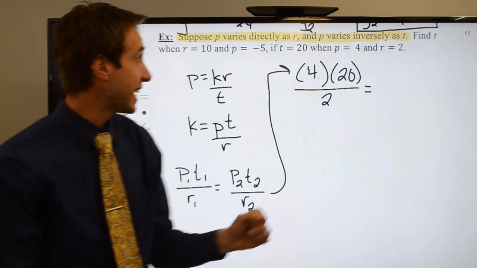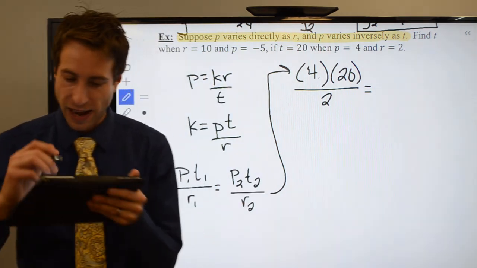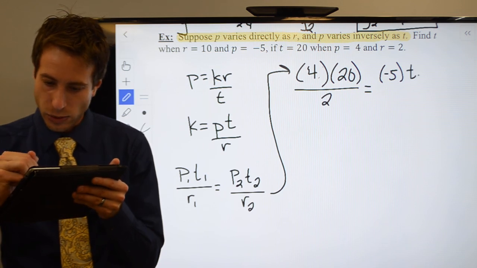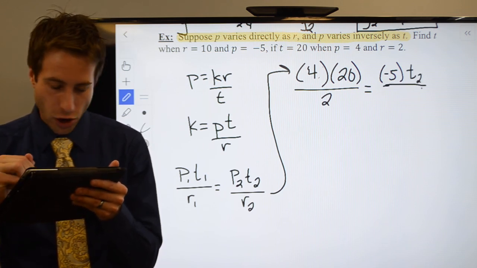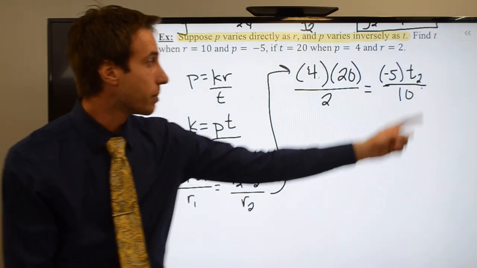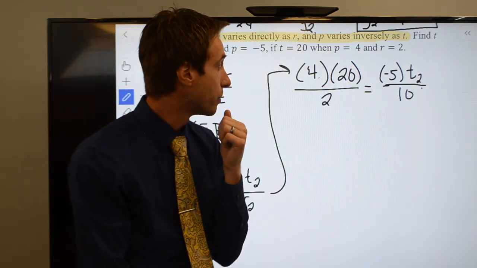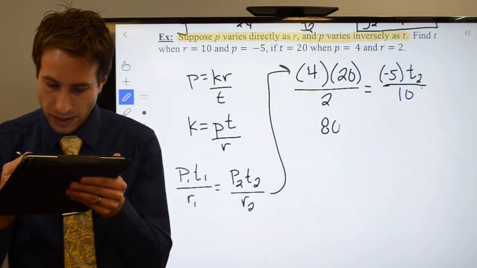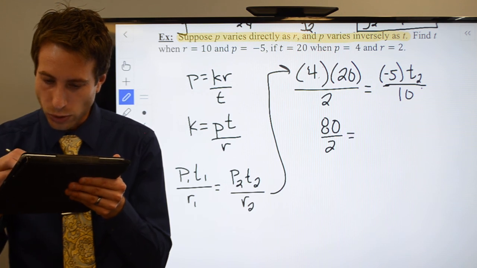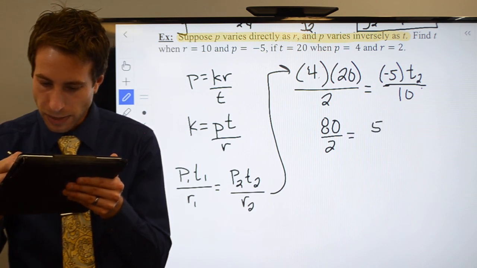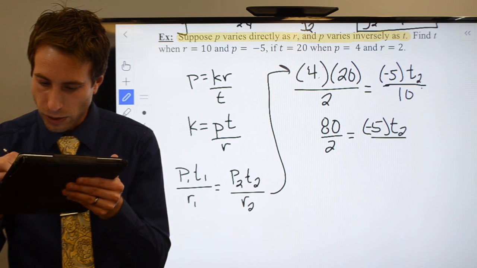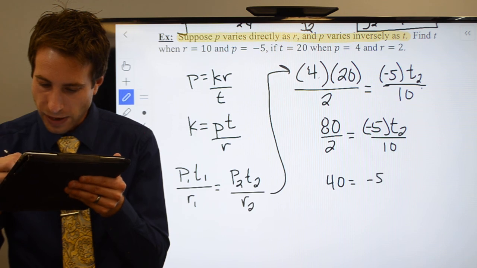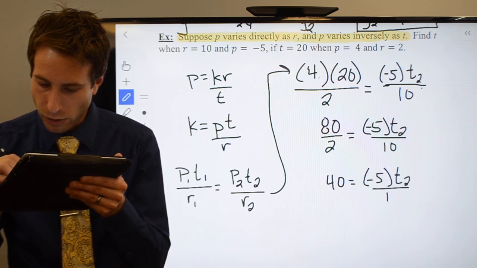That's all equal to, here we go. I'm asked to solve for T when R is 10 and P is -5. So that P -5 will go in over here. I'm asked to solve for T, so it's T2, and I'm told that R is 10. There we go. So I'll be solving for T2. Well, 4 times 20 should be 80, divided by 2 is equal to -5 T2 over 10. 80 divided by 2 is 40 equals -5 T2 over 10.